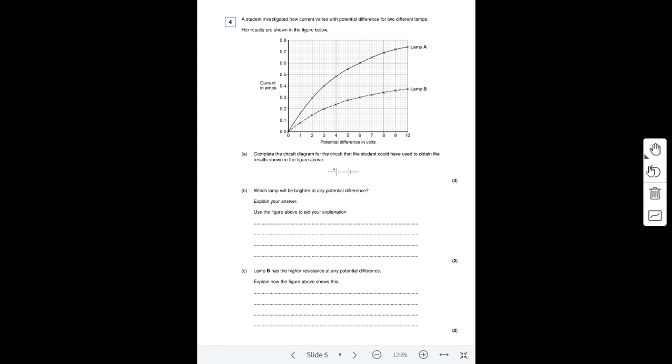Because the current is higher. Yes, that's good. Okay, now for C. The current is lower at each point than lamp A. Yes.